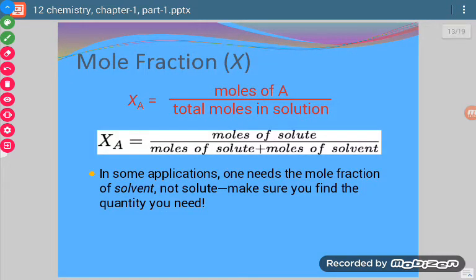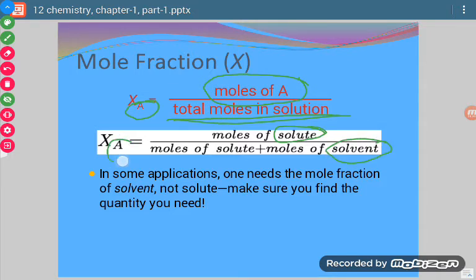Now next important is mole fraction. So in mole fraction we take the ratio of moles of that component for which mole fraction is to be calculated, how many moles are there of that component divided by total moles in the solution. Suppose it is a binary solution, then only two components are there, solute and solvent.